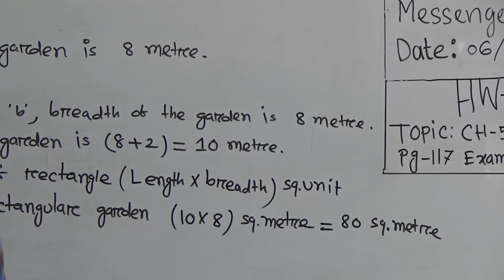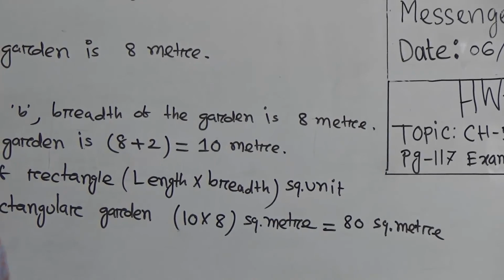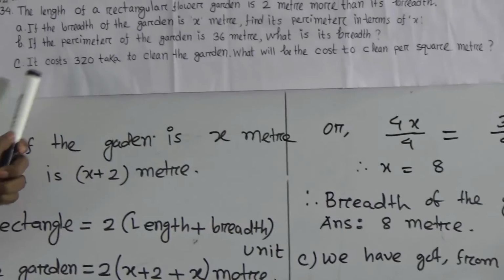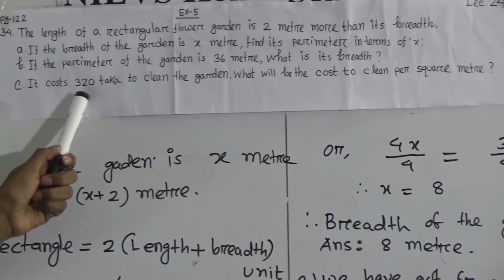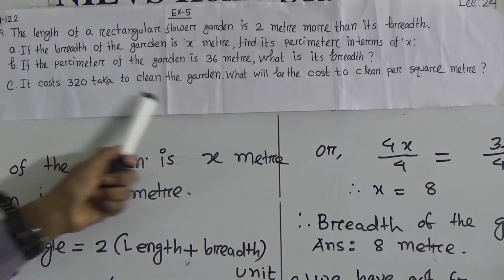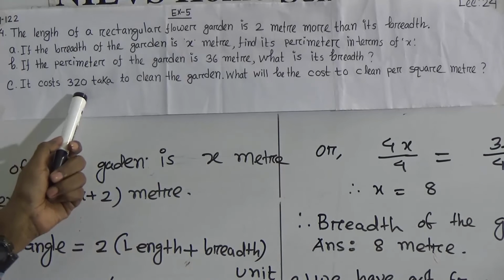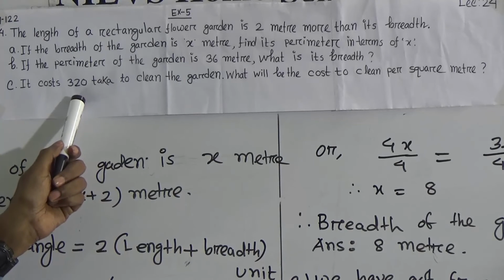Dear student, now we have to go again to the question. You see question number C. It costs 320 taka to clean the garden. That means for cleaning 80 square meter, we need 320 taka.